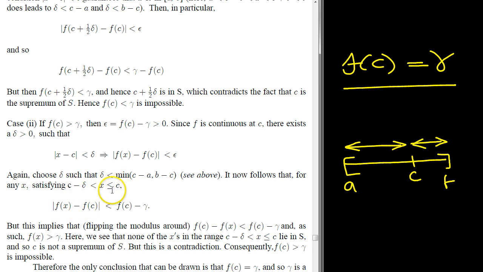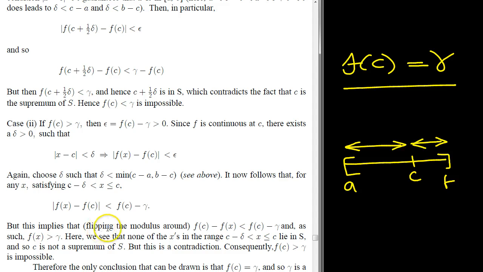that this, so here we can take fx minus fc is less than epsilon, which is equal to this, fc minus gamma, which we've put in.